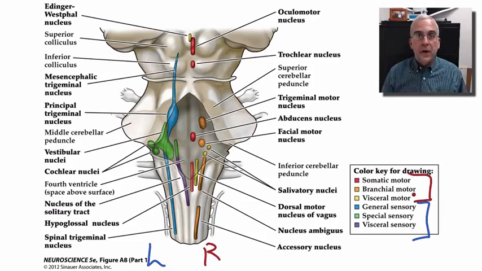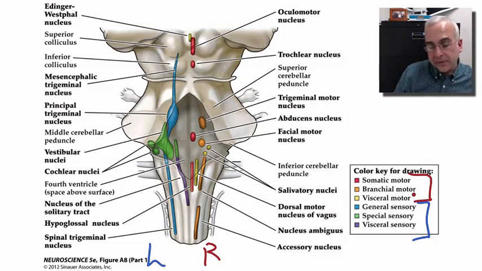Now, of course, the nervous system displays bilateral symmetry, so on each side we would have both the sensory and the motor nuclei. So imagine just folding this illustration of nuclei one side on top of the other so that all of these nuclei would exist on each side of the brainstem. And that's what we have when we look into the brainstem itself.